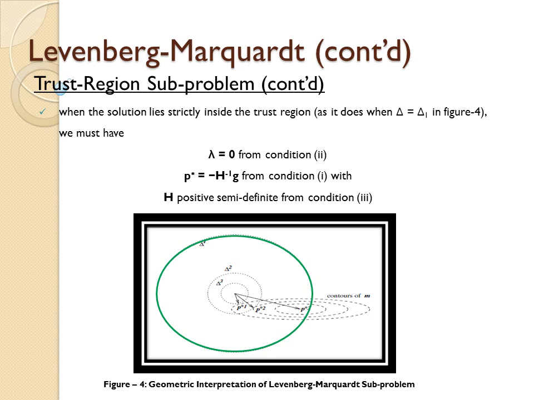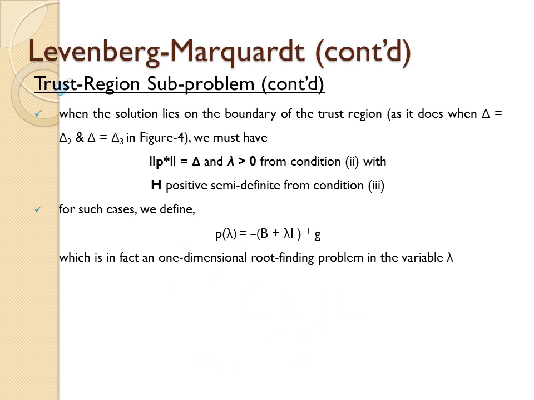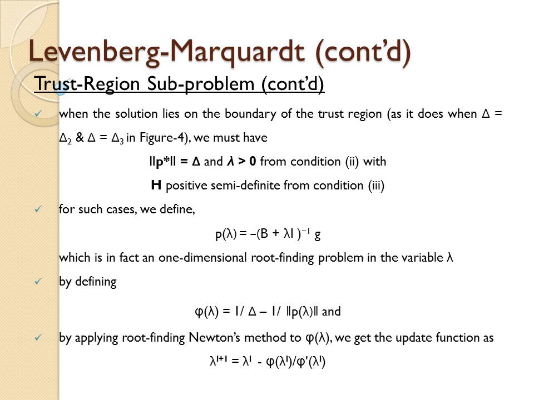But if delta equals delta 2 or delta equals delta 3 in figure 4, we get norm of p star equals delta and lambda greater than 0 from condition 2, with H positive semi-definite from condition 3. For such cases, we define p(lambda) equals negative (H plus lambda I) inverse g, which is in fact a one-dimensional root-finding problem in the variable lambda.